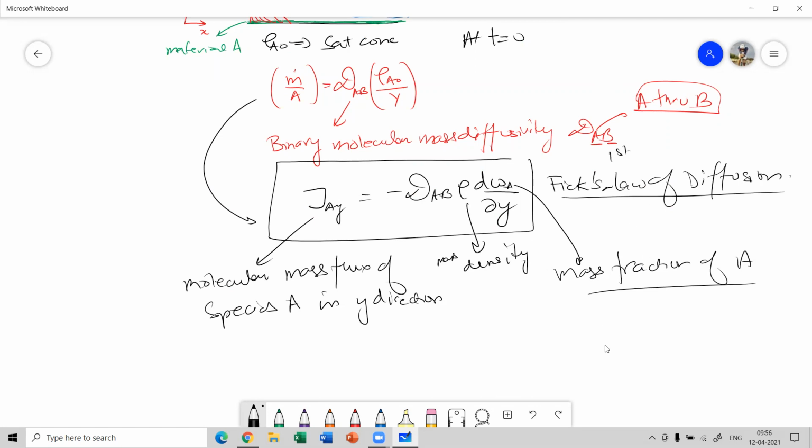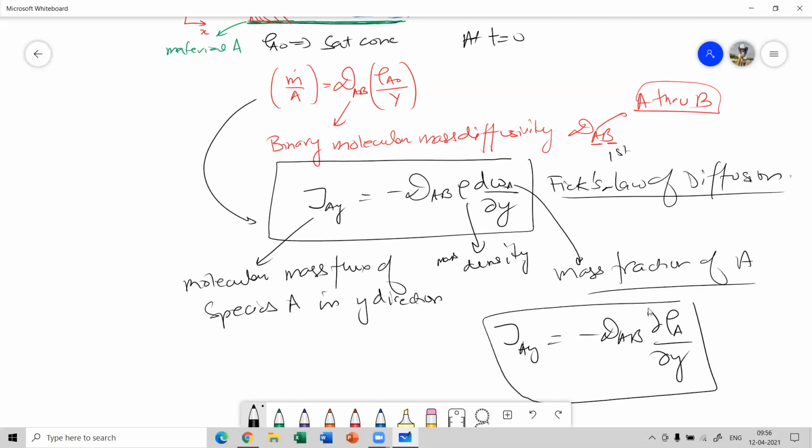Otherwise, we can also rewrite this form as JAY is minus DAB into d rho A by dy. Clear?